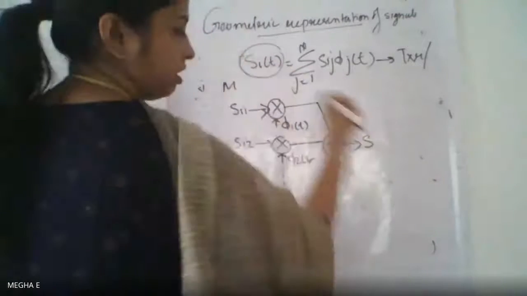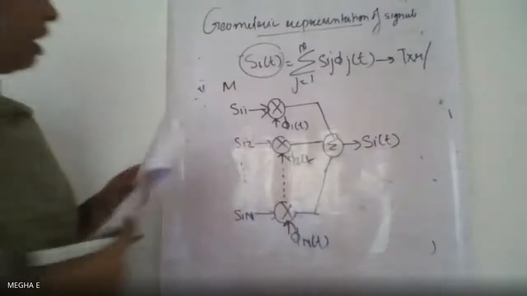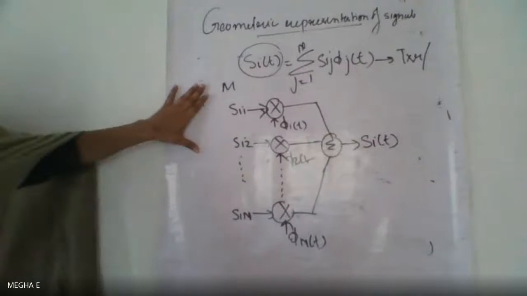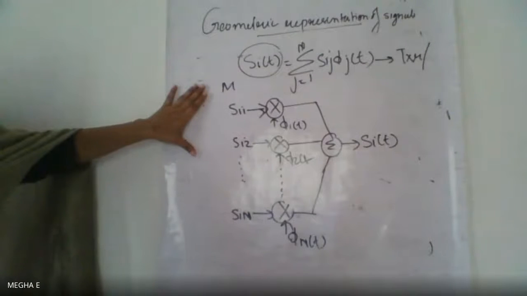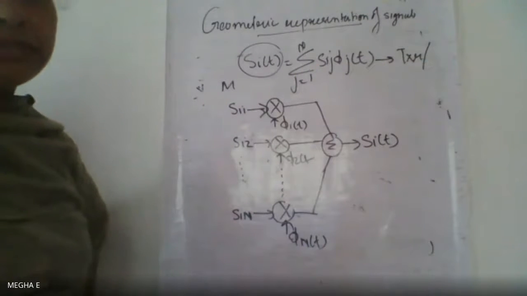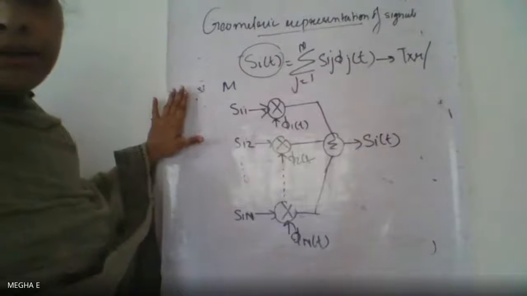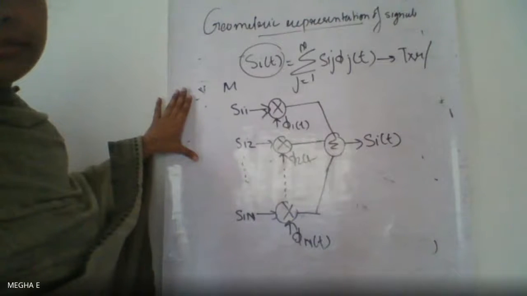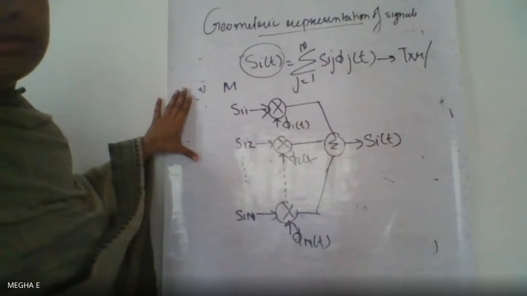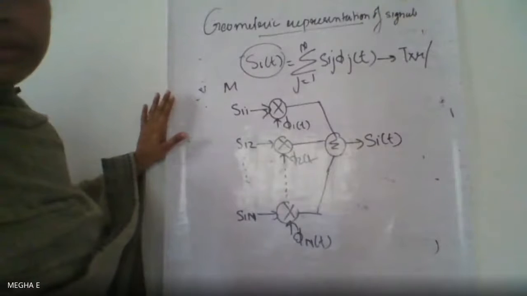The output is nothing but our Si of t. ഈ ഡയഗ്രം വരച്ചത് മനസ്സിലായോ? ബോർഡ് ക്ലിയർ ആവാണ്ടുണ്ടോ? എന്തെങ്കിലും പ്രശ്നങ്ങൾ ഉണ്ടെങ്കിൽ മെസ്സേജ് വഴി പറയാം. അഭിജിത്തിന് മനസ്സിലായോ ഈ ഡയഗ്രം? മനസ്സിലായി.